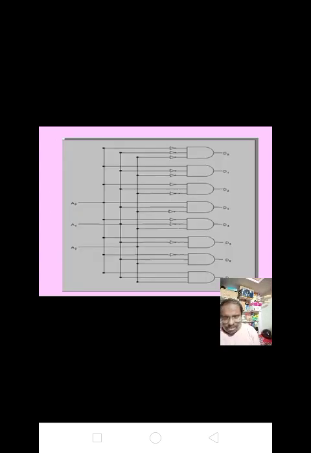Okay, please draw carefully. Here inputs are 3, S2, S1, S0. Outputs are Q0, Q1, Q2, Q3, Q4, Q5, Q6, Q7. Okay, draw carefully.